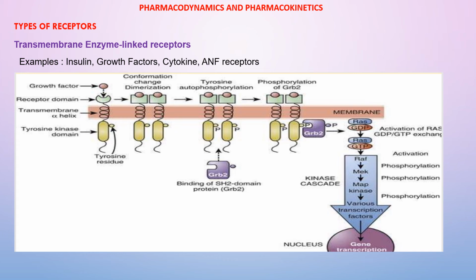This further leads to autophosphorylation of tyrosine, which in turn binds to the SH2 domain of the growth factor receptor bound protein 2. The phosphorylation of GRB2 activates a cascade of kinase action, leading to activation of transcriptional factors and finally gene expression.